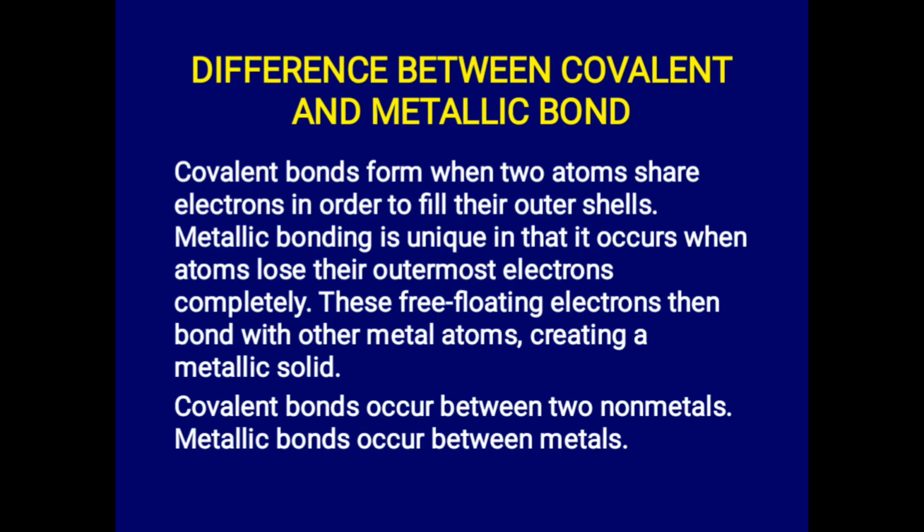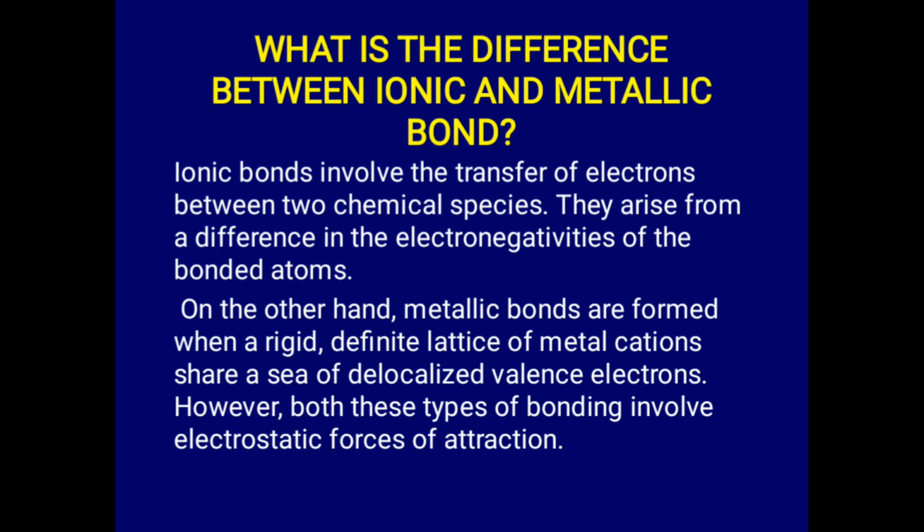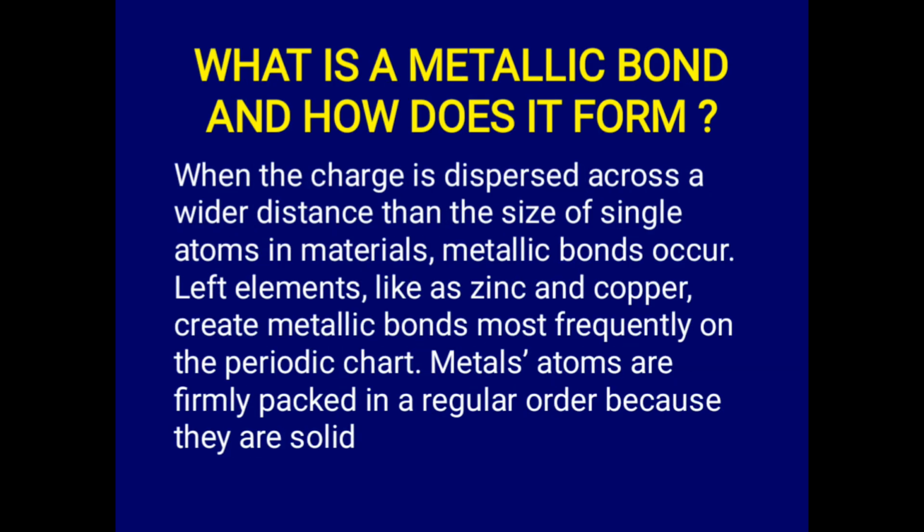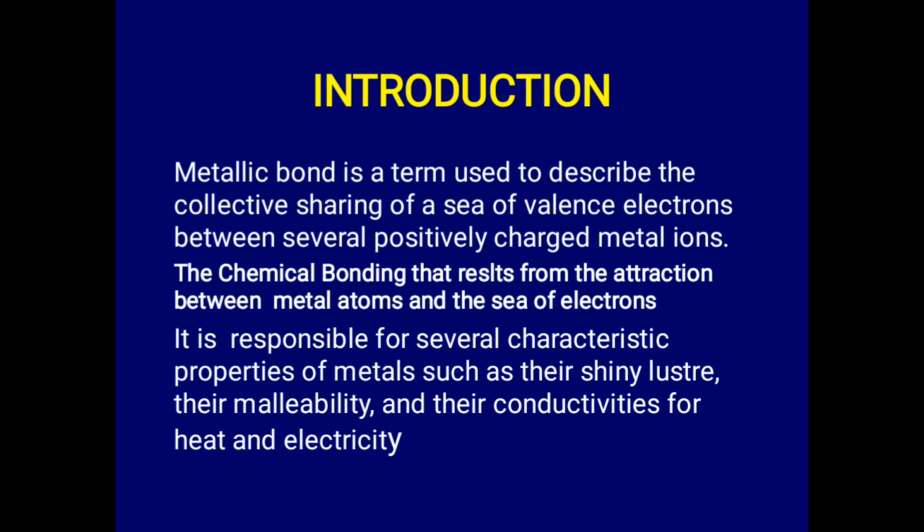We have looked at the difference between covalent and metallic bonds, and between ionic and metallic bonds. We have looked at how strong a metallic bond is, how a metallic bond is formed, and the definition of a metallic bond. So you can take more questions and solve accordingly.